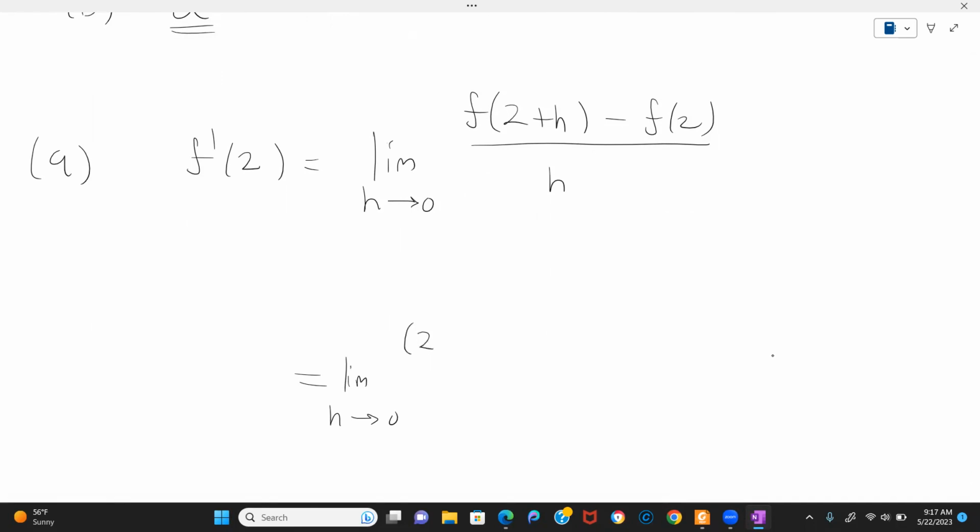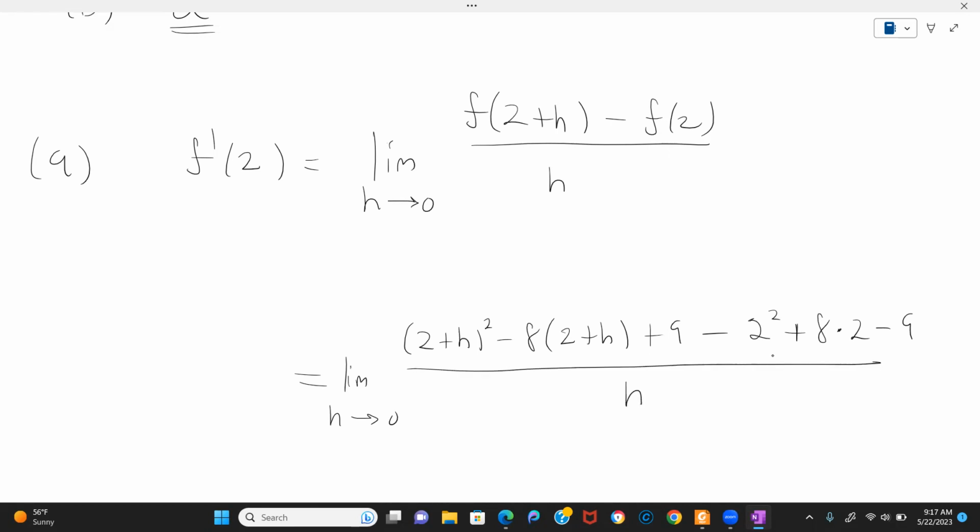So we have 2 plus h squared minus 8 times 2 plus h, and then plus 9, and then minus 2 squared plus 8 times 2 minus 9. You have to make sure you distribute the negatives correctly.